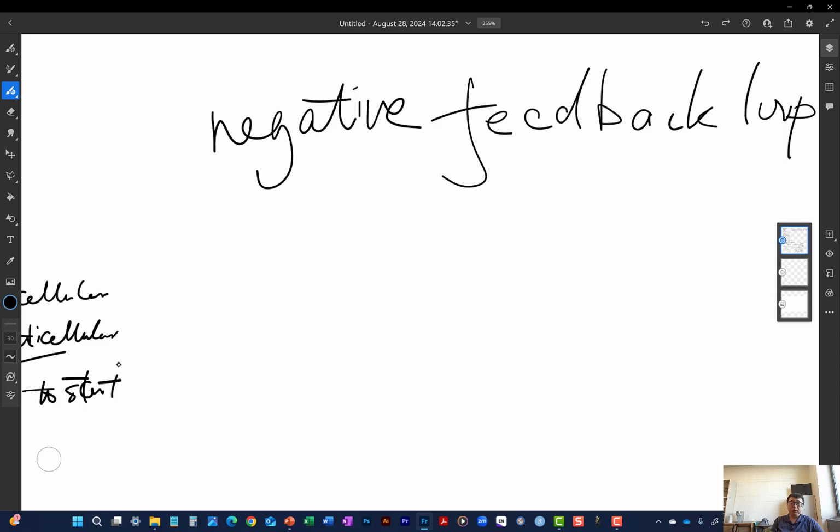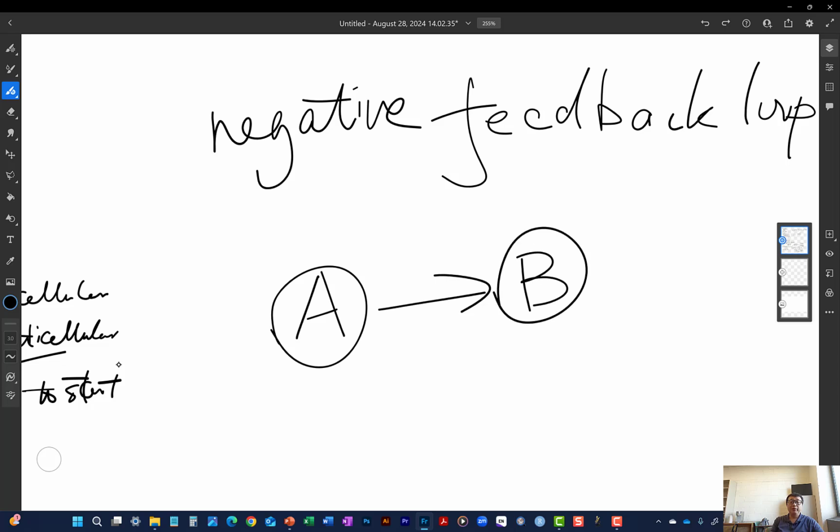Negative feedback loop. What does it mean? It's a very, very abstract thing. You have something called A, and A causes B. And then B inhibits A.